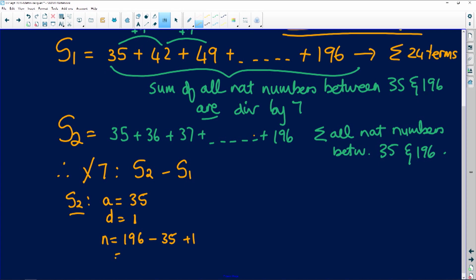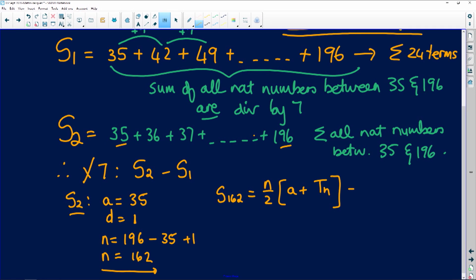That gives us 162 numbers in that sequence. So the sum of 162 terms in the second sequence is n over 2, and n over 2 is 81, folks. So we're going to use the formula n over 2 times a plus tn, the last term, because we have the first and the last term.